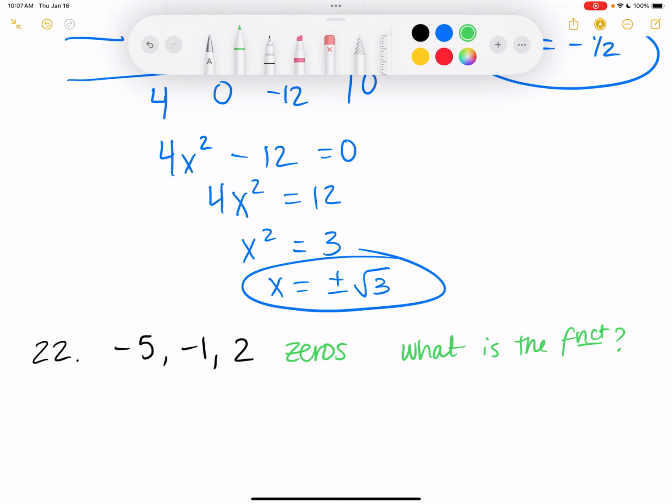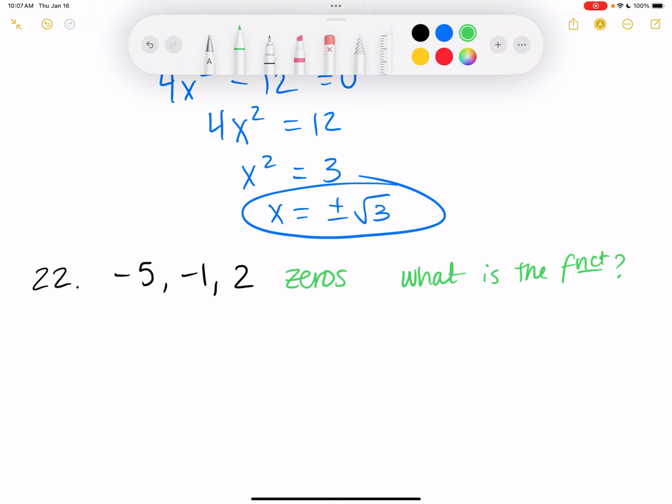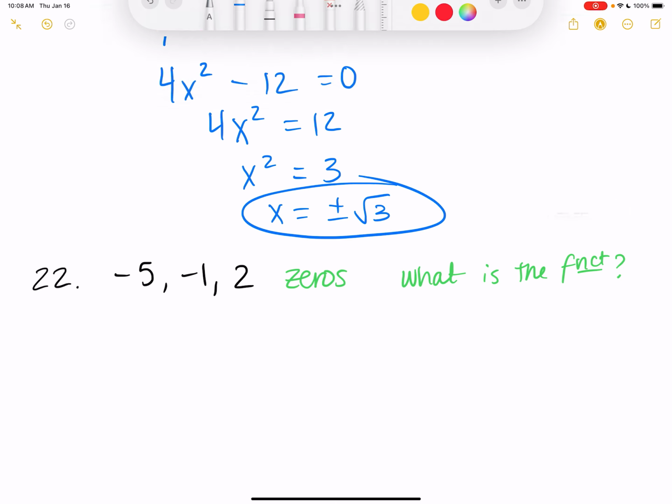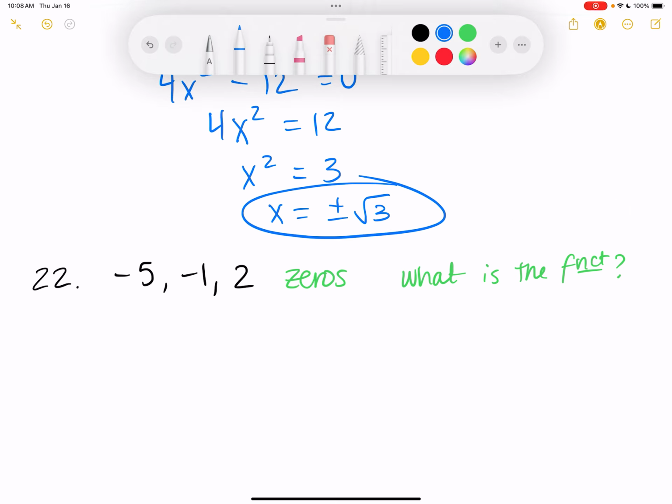When we spell zeros, are we supposed to put OS or OES? I've been doing OES, but I thought it was wrong. It's just OS. That's weird. Zeros with an S just says zeros, but zeros with an ES says zeros, right? Like Oreos.